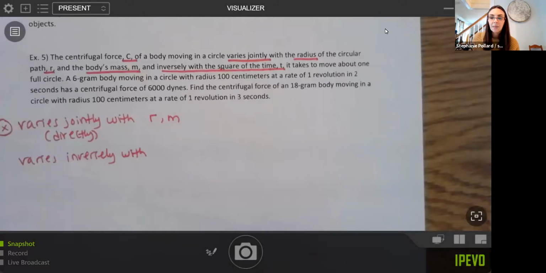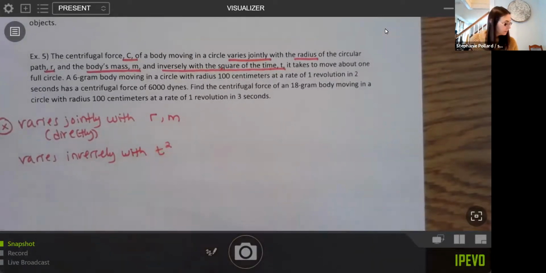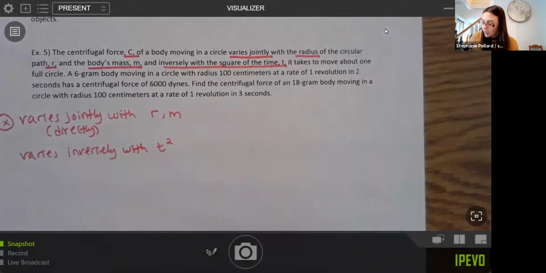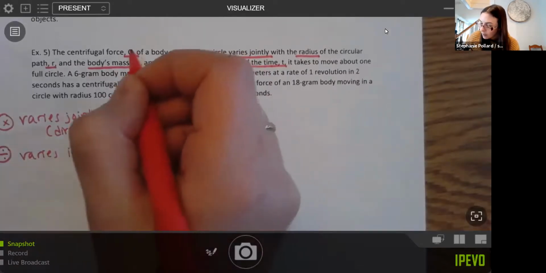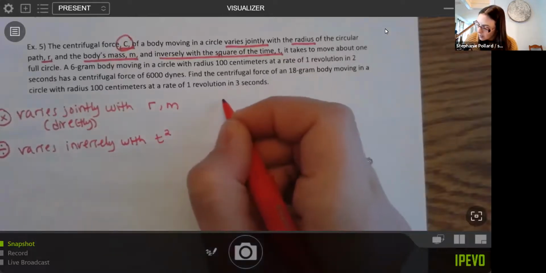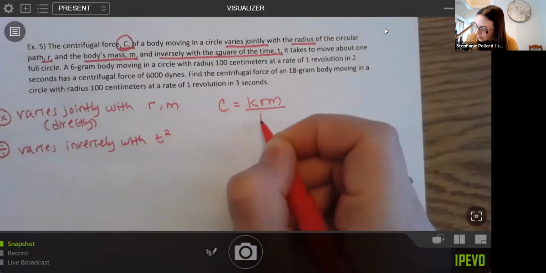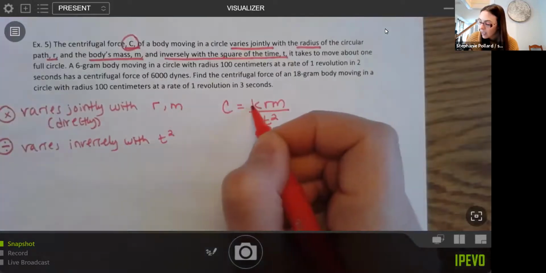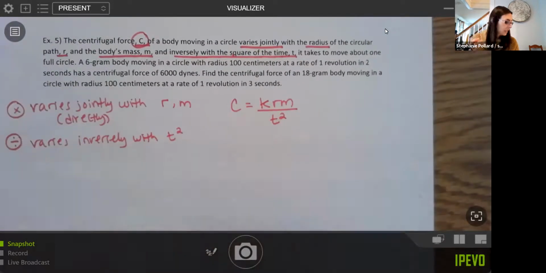So not just time, but the square of time, so that means t squared here. And remember, that is the stuff that gets divided. And our main variable here is c, so that is like your y. So it's c equals k rm over t squared. There's always a k, and then we're multiplying with r and m, and we're dividing with the t squared here.